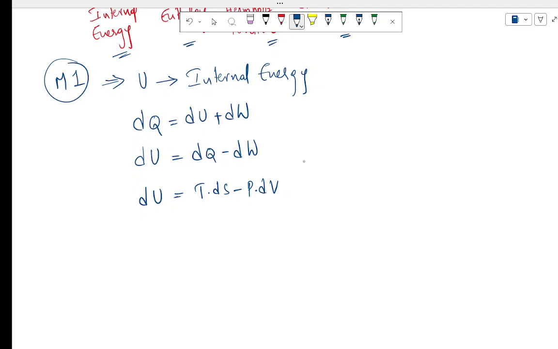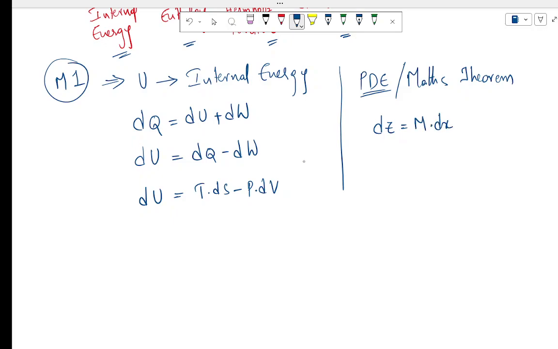Okay, if I know this U formula, based on the principles of partial differential equations, or the theorems in maths, I know that if a given property is like this, that is dz is equal to m dx plus n dy, then if I take the partial differentiation form of this expression, it can be like this: dou m by dou y at constant x will be equal to dou n by dou x at constant y.